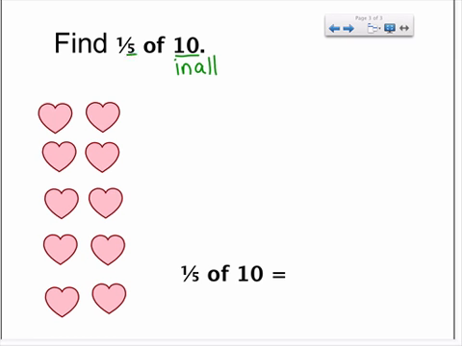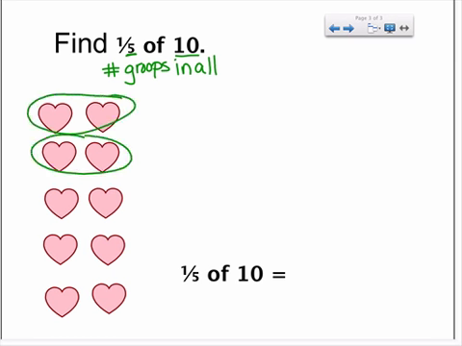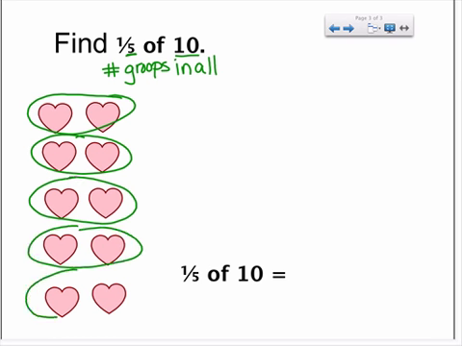The denominator of the fraction, 5, tells us the number of groups that we're going to make. I'm going to set to work making 5 equal groups out of these 10 hearts. I see that I can make 1 group, 2 groups, 3 groups, 4 groups, 5 groups.